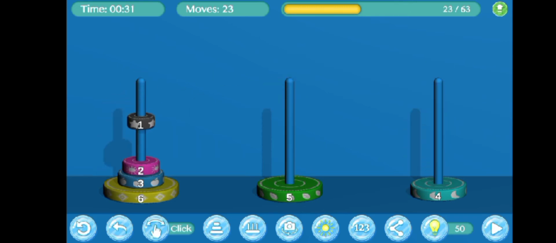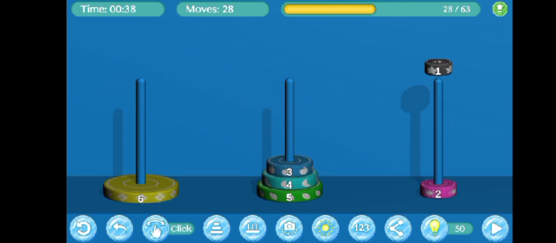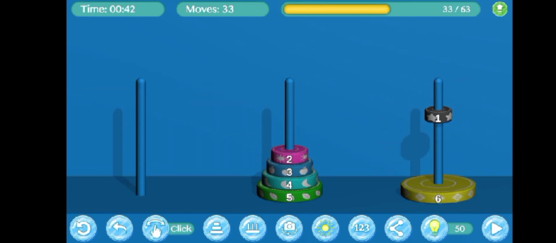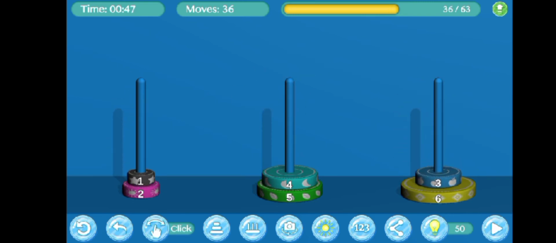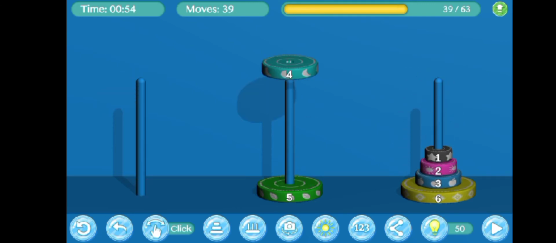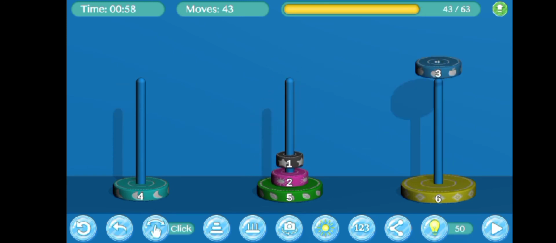And if there's no disc on the other tower, move the piece to the opposite end, but continue to move in your direction. Continue the pattern until the puzzle is solved.